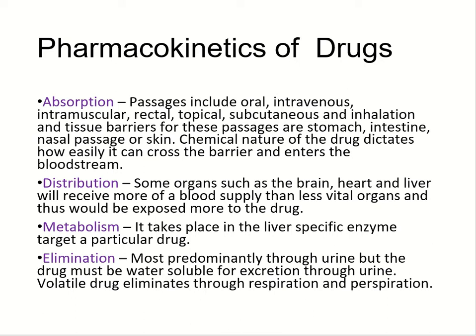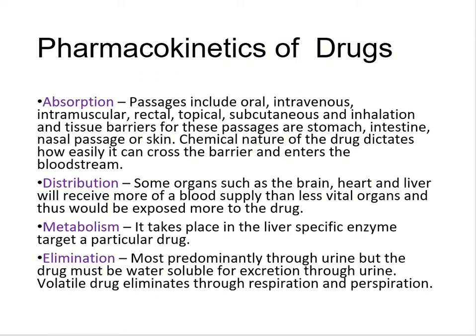Pharmacokinetics of drugs involves four steps: absorption, distribution, metabolism, and elimination. Absorption is via oral, intravenous, intramuscular, rectal, topical, subcutaneous, and inhalation routes. For distribution of drugs, the more the blood supply to the organ, the more the organ would be exposed to the drug.